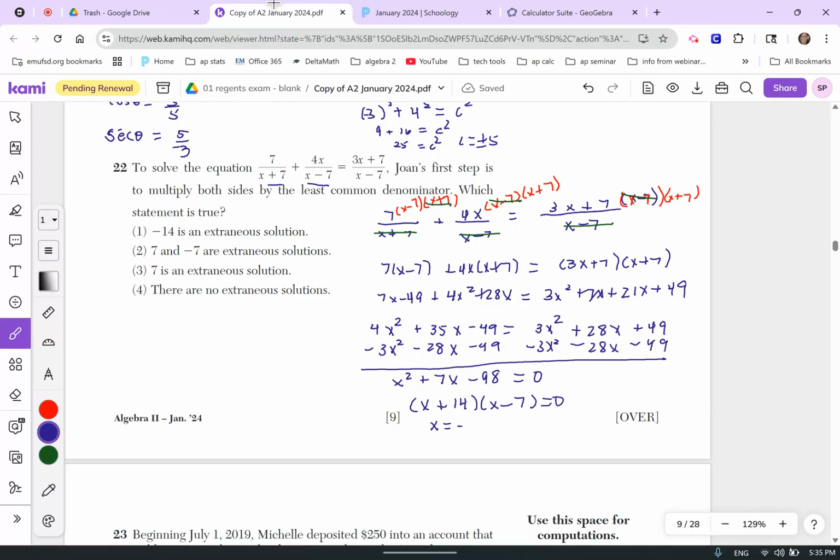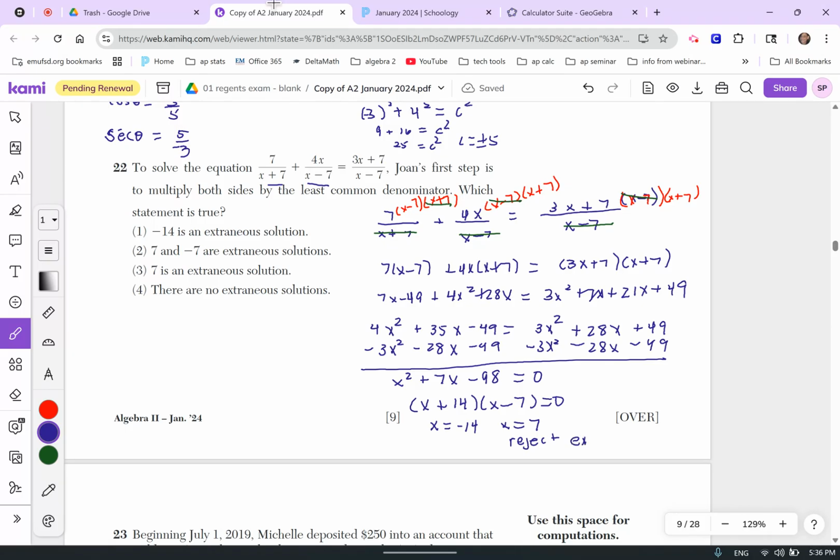So one potential solution is negative 14, and the other potential solution is 7. However, when I substitute 7 into the equation, it's going to be undefined for that second term and that right-hand side. So therefore, I'm going to reject the 7.